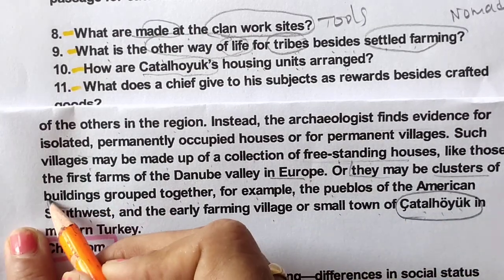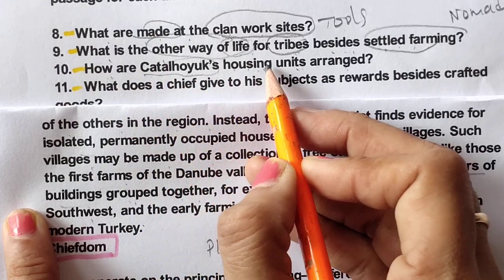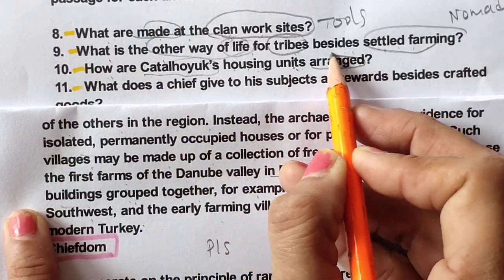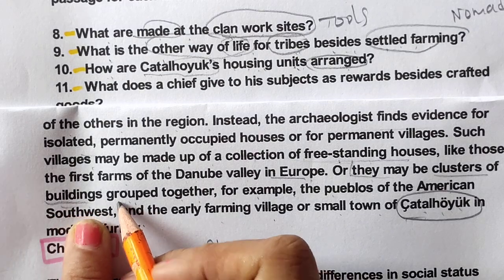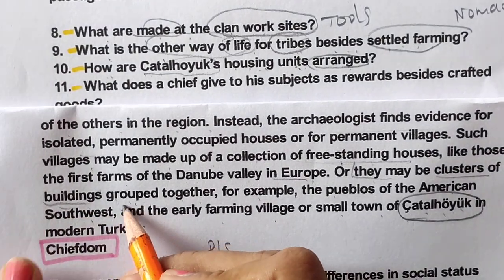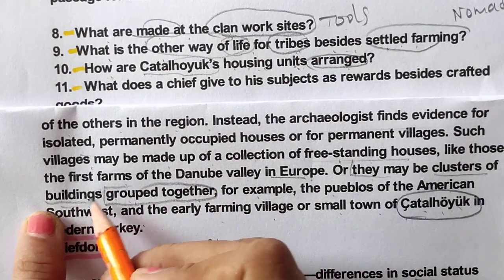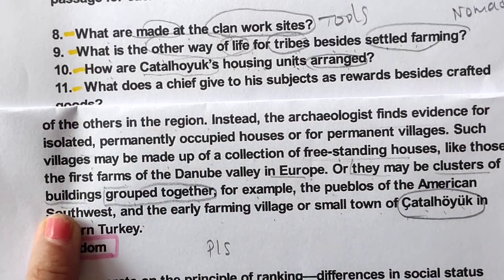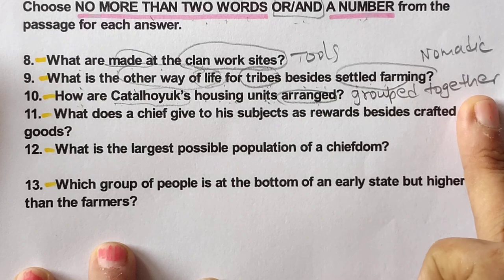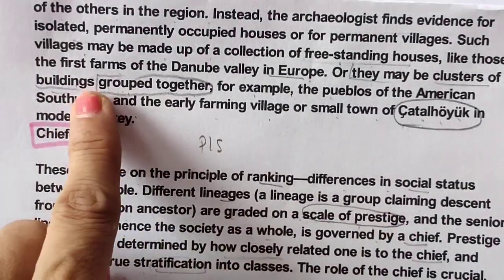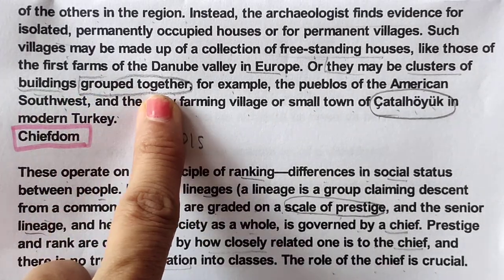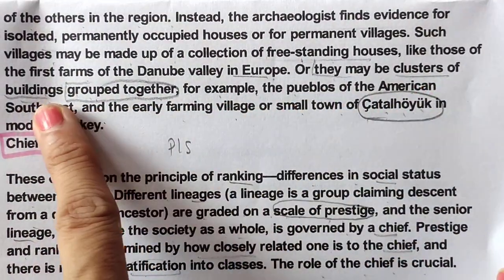So how are housing units arranged? They are asking about arrangement. Building is already house, so I have written my answer: grouped together. Cluster of buildings means houses.